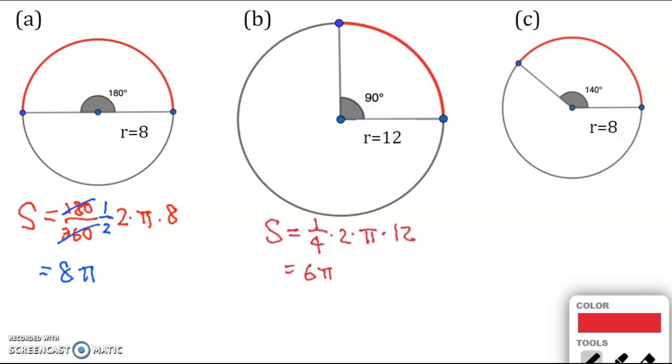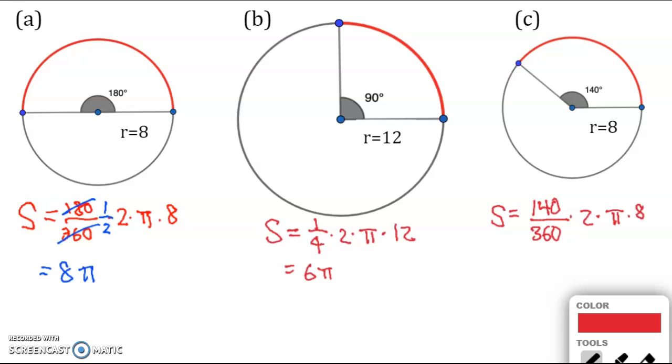Then finally for this one, we can't visually tell the fraction or portion of the circle we are dealing with, so we use what we do know, which is the central angle measure. It's 140 degrees divided by 360, multiplied by 2 times pi times r, where r is 8 here.